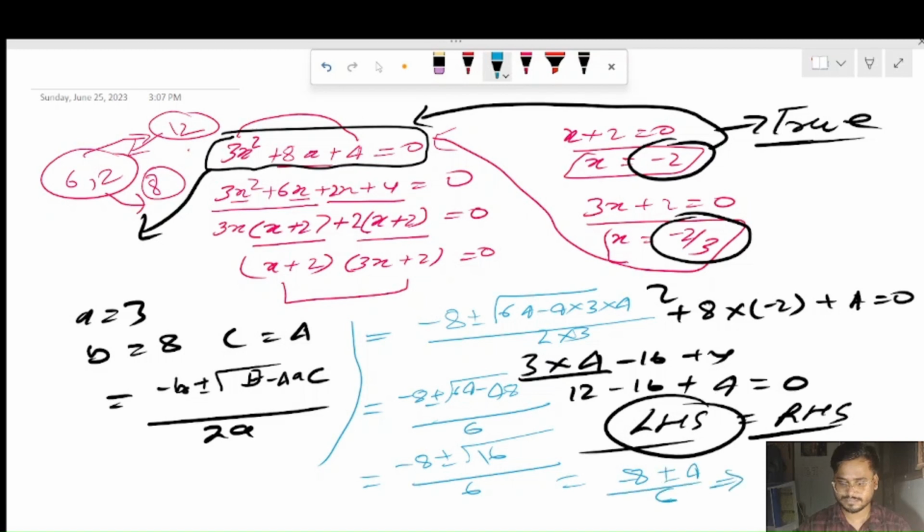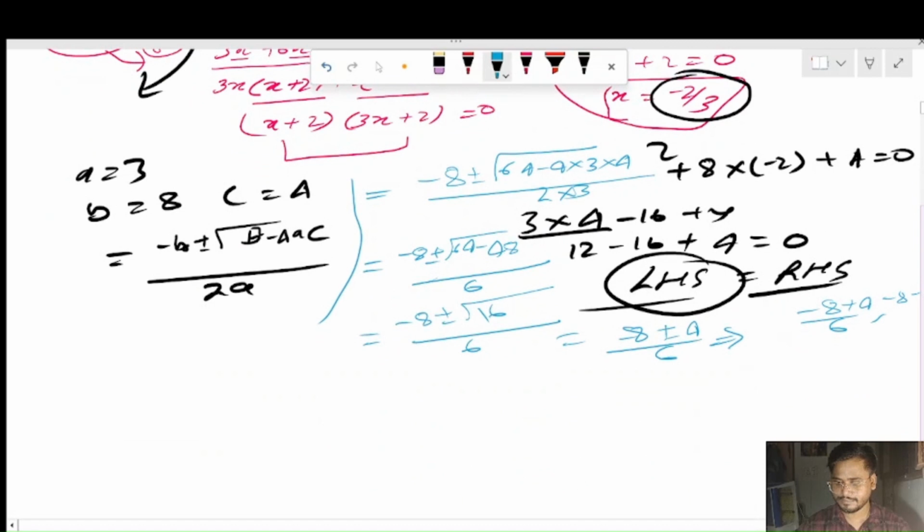Now solve it. We will get minus 8 plus 4 by 6 and minus 8 minus 4 by 6.